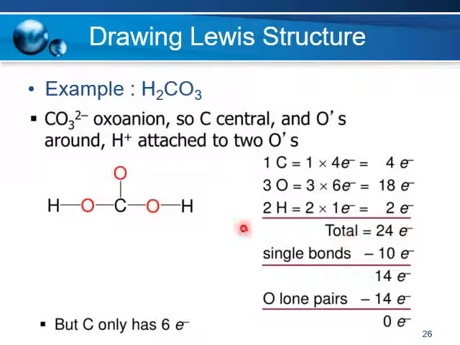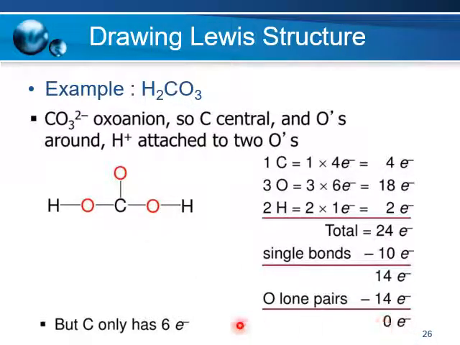How many single bonds? 1, 2, 3, 4, 5. 5 times 2 is 10. So 24 minus 10 is equal to 14. Then how many lone pairs? Lone pairs of oxygen: we have 6 here, 6 here, 4 here, 4 here. 6, 4, 10, and 10 plus 4 is 14.